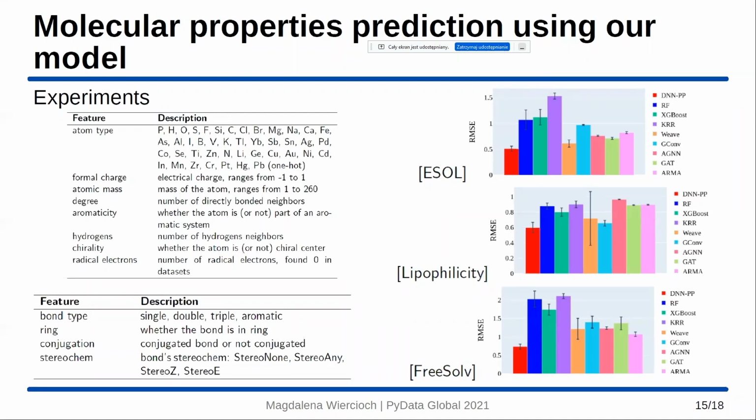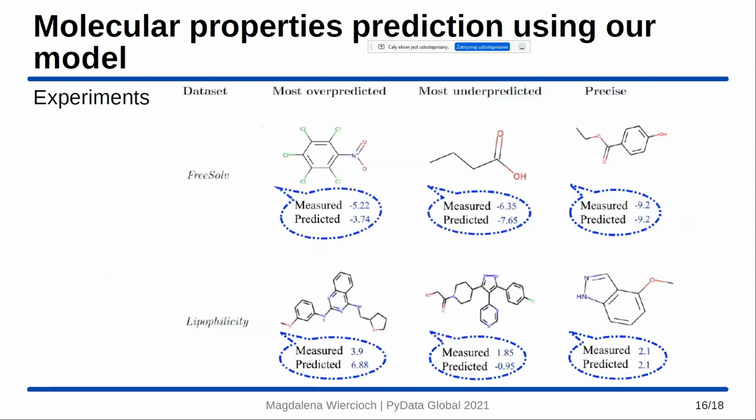And a glance at results on the test set reveals our method as the model with the best performance for all three data sets. Also, analysis of prediction quality indicates that the maximum difference between the experimental value and the predicted one for a given compound is not large.